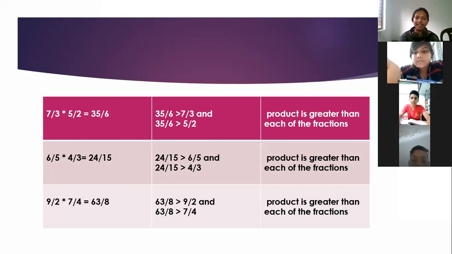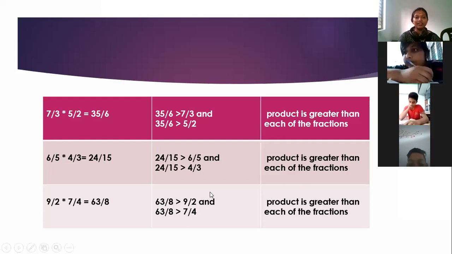Then we know that 7 eights are present in 63, so it should be around 7 point something, that is 7.87 or 7.88. That is the value of 63 by 8. So we get the value of 63 by 8 is greater than both 9 by 2 and 7 by 4.